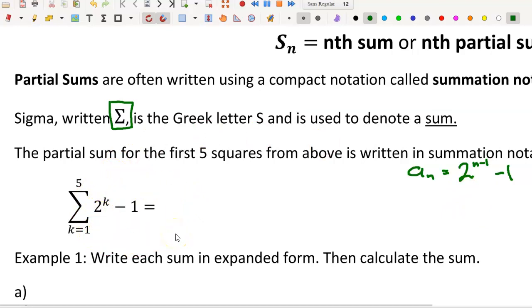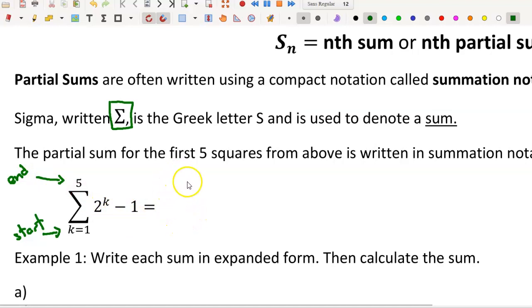It's just a new way of looking at it, a new way of writing it, but what you're actually doing mathematically is very basic. So again, all this means is that you're going to start with this term, which is your first number that you plug in here, and you're going to end with this number. So this means we're going to plug in 1, 2, 3, 4, and 5 separately into this, get all 5 numbers, and then add them all up.